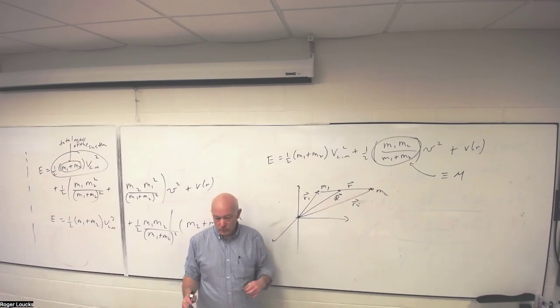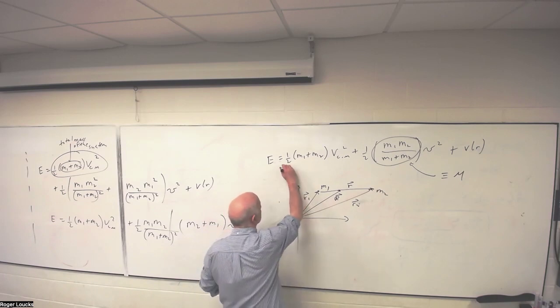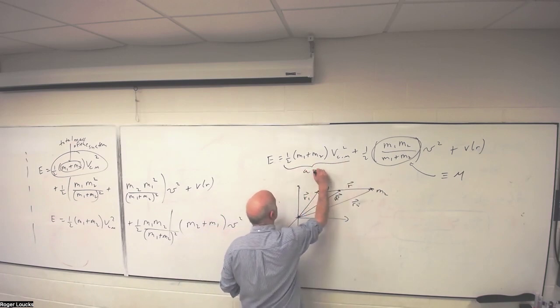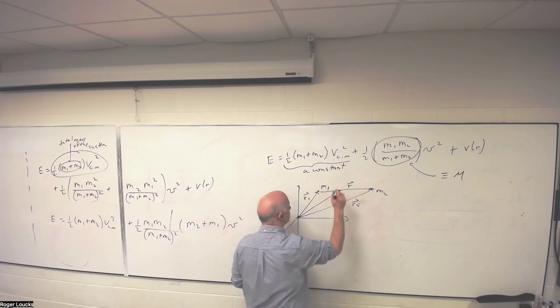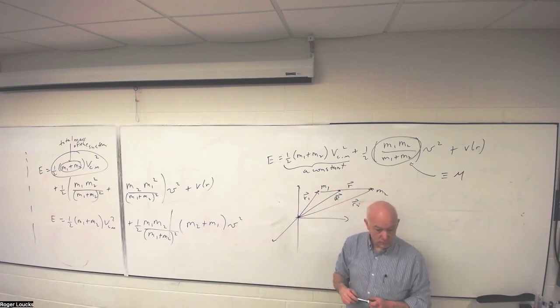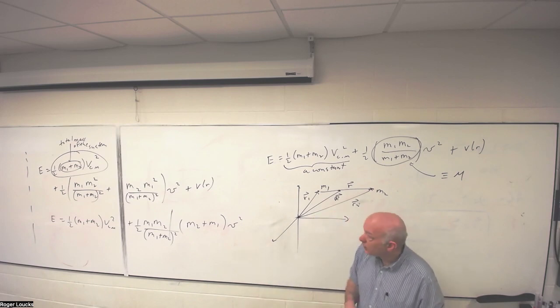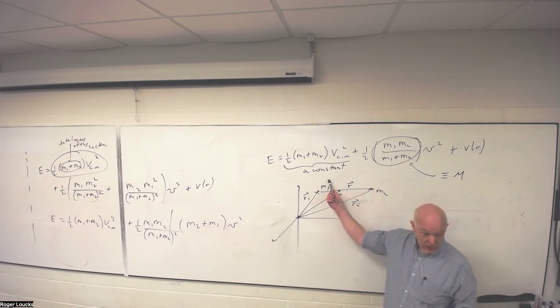That's completely separate from the kinetic energy of the relative motion. This is actually a constant. One way you can see that is, it is a constant, because there's no external forces, so the center of mass isn't accelerating. So this term right here is a constant.